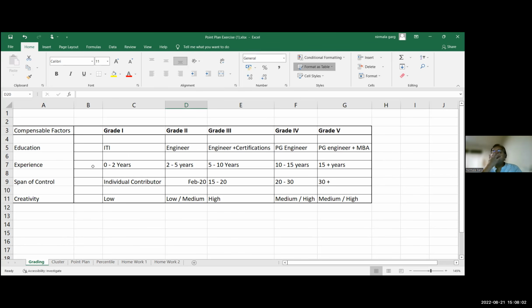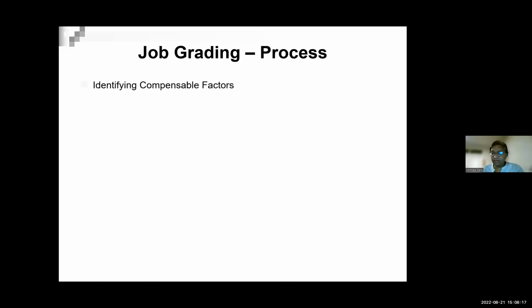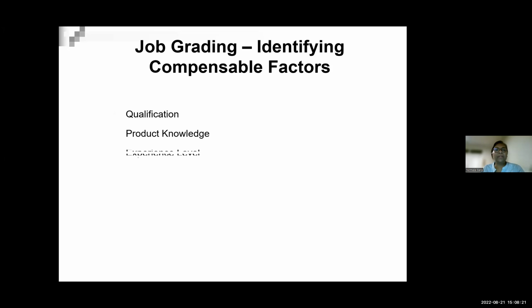Any more? Can you tell me some of the compensable factors, guys? Innovativeness. Area of impact. So can you tell me what are the other compensable factors typically?